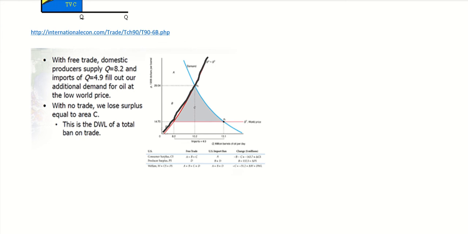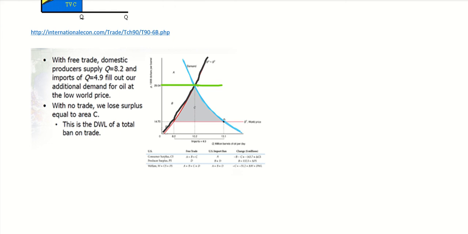And also the demand curve doesn't change, so it remains on the blue line as well. So in that case, the price line is actually this green line. So let's look at how much surplus they will get.